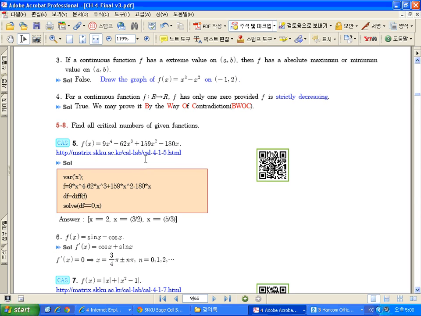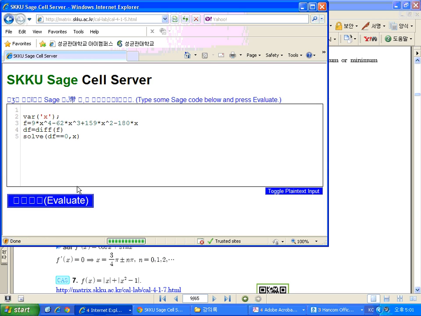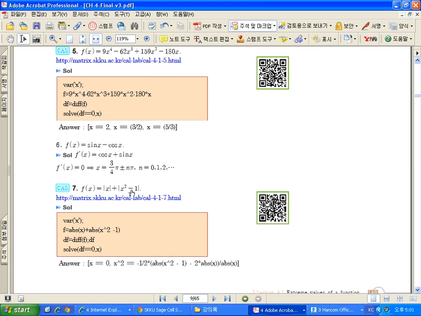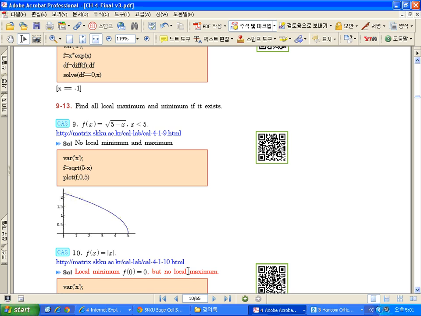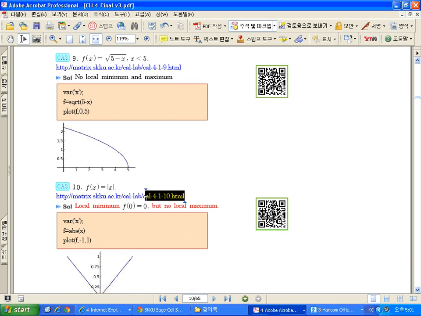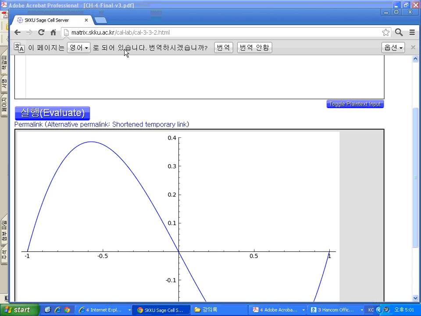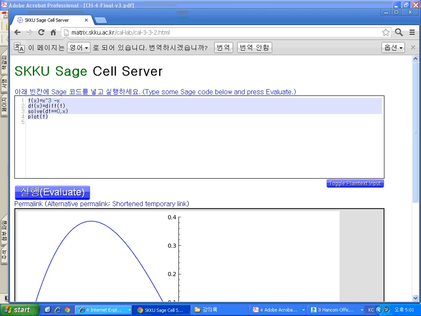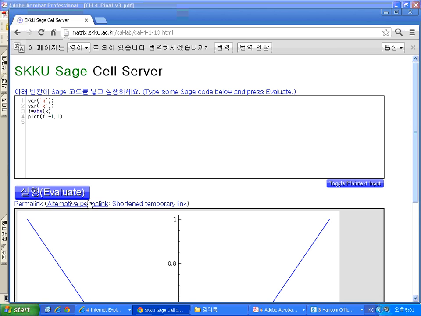And also for finding the critical point, all you have to do is do the computations that you need to do. Draw the graphs and find the derivatives here. There are many examples of finding the local maximum and minimum, and you may just copy it here to find the graph of it.